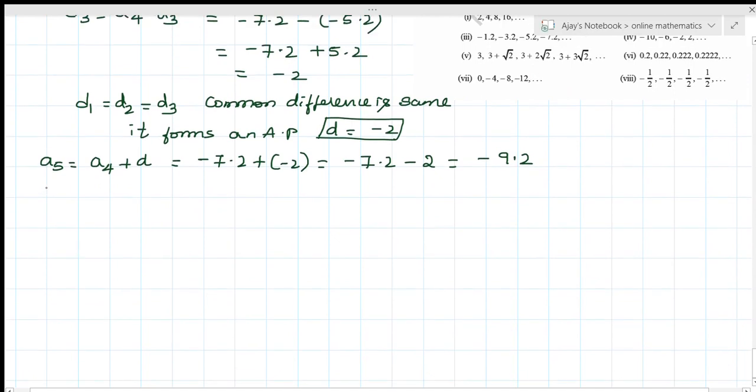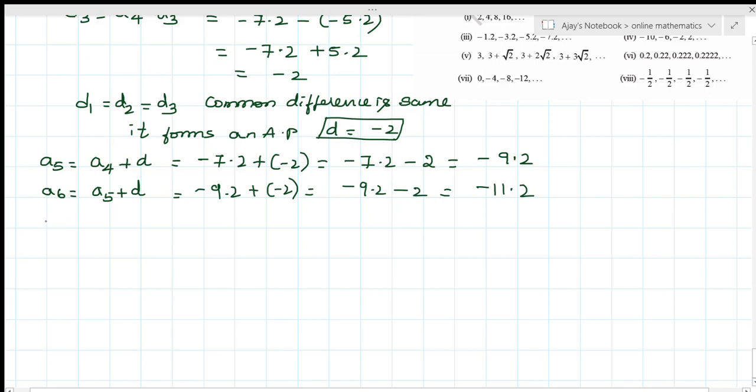Next, A6. A6 is A5 plus D. It's adding the fixed number to the previous term. The previous term is minus 9.2 plus of minus 2, so that is minus 9.2 minus 2. Minus into plus is minus, so it is minus 11.2.